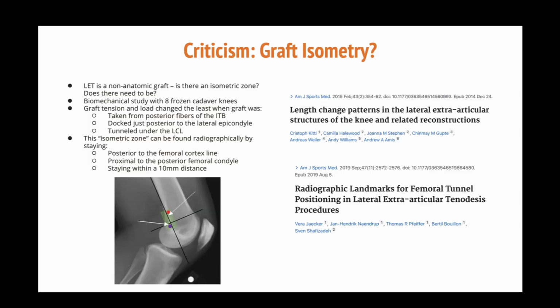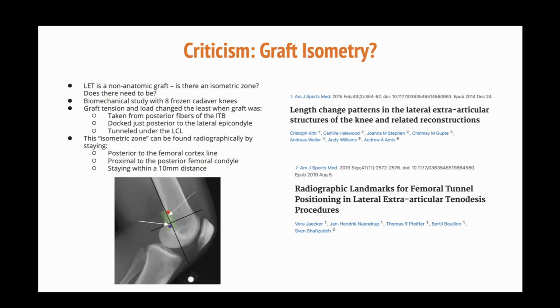You can find it radiographically by being posterior to the femoral cortex line and proximal to the posterior femoral condyle line, and staying within a 10 millimeter distance of the lateral epicondyle.